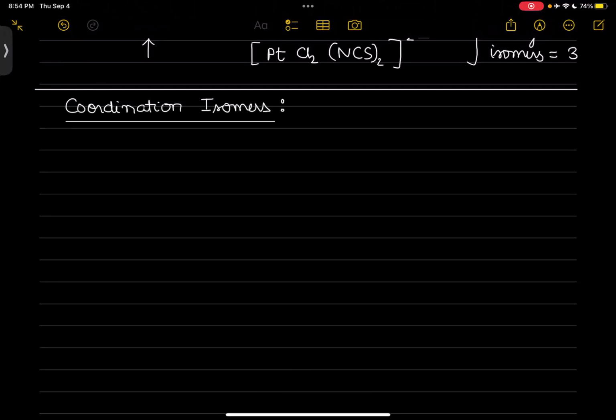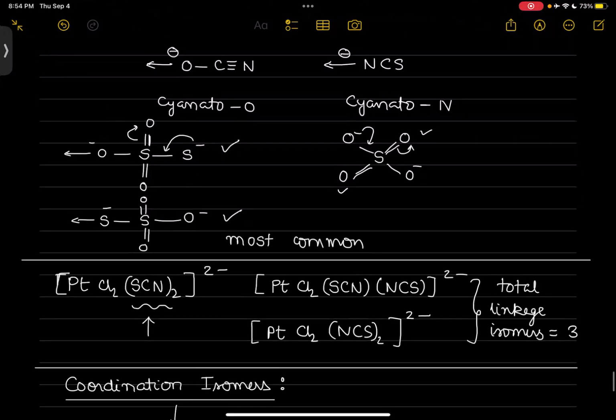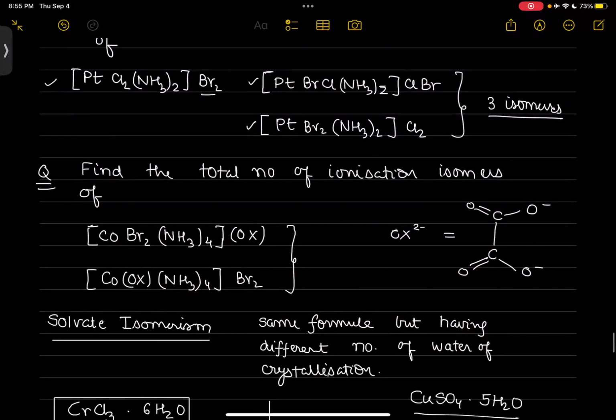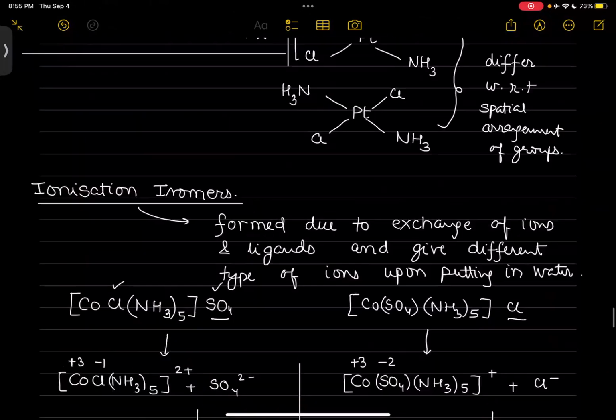Coordination isomers are just like ionization isomers, but be very careful. They are different. Normally students make the mistake and consider both the same, but there is a difference. What is the difference? Who is going to tell me? Aisha, Marwa, tell me quickly. Jesslyn, any idea what coordination isomers are?